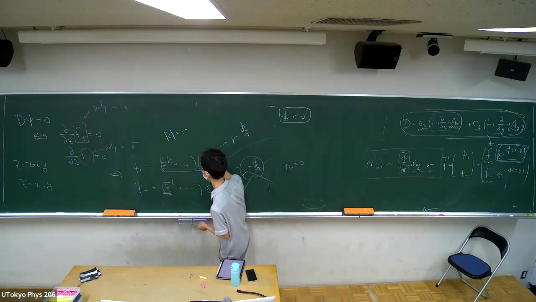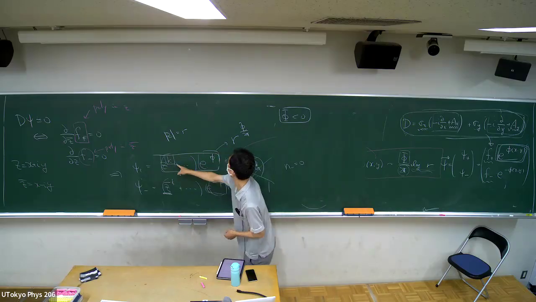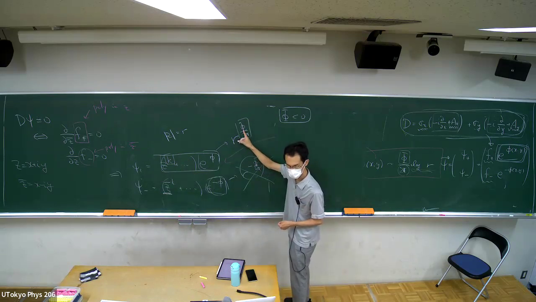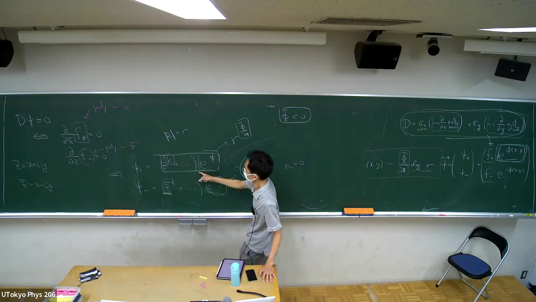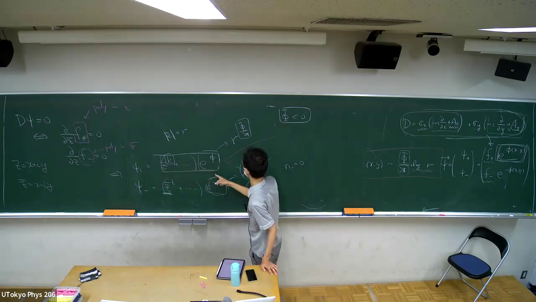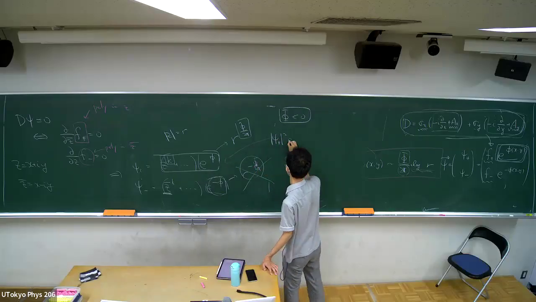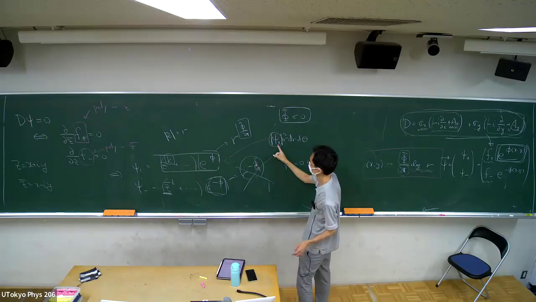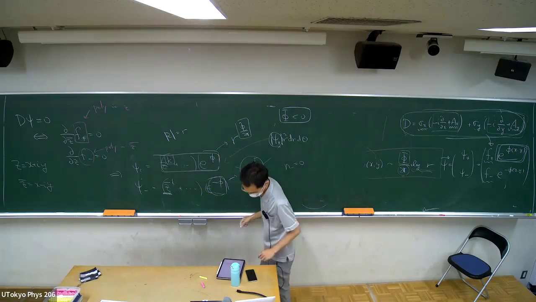And for this to be square normalizable, k has to be smaller than the absolute value of this. Actually, in order for this to be square integrable, what to integrate is this, with the r dr d theta. So this needs to be slightly smaller than the constant.